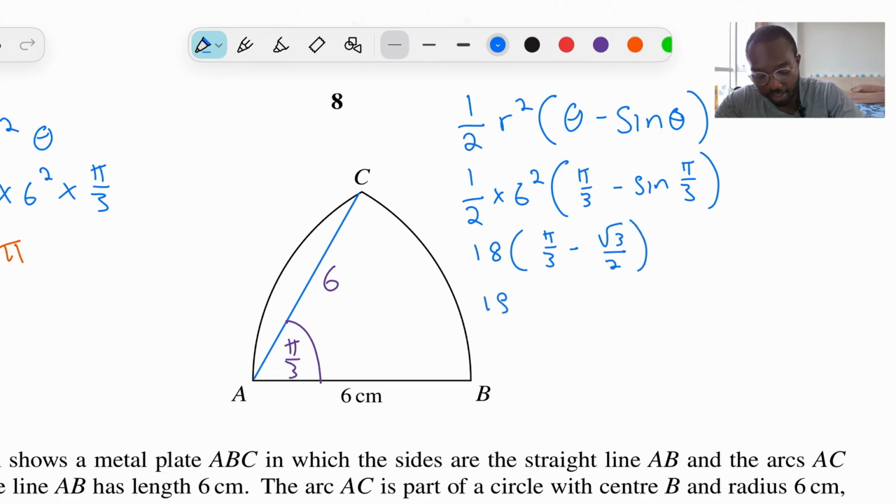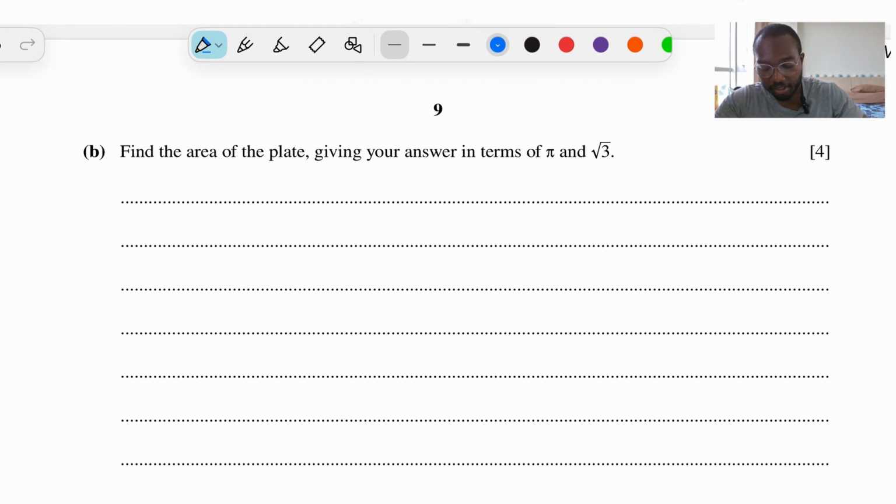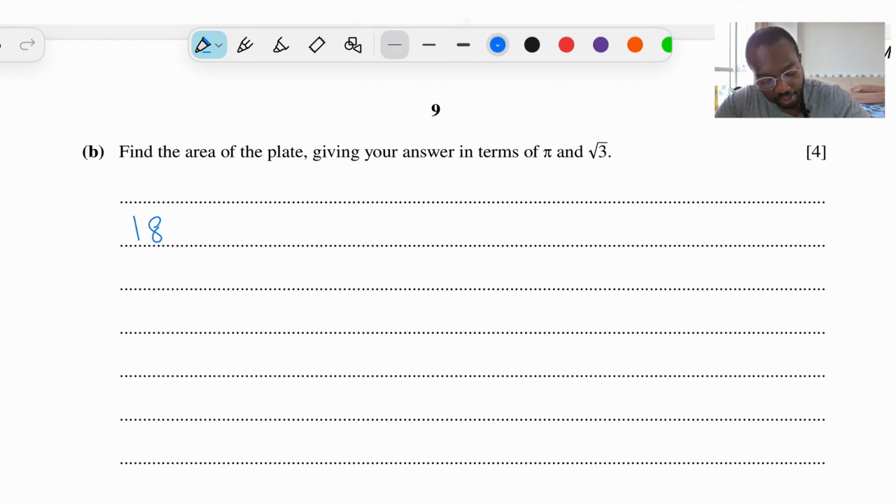So therefore, with 18, if we make this all over a single fraction, let's make it over 6, then we'd get 2π over 6 minus 3 root 3 over 6. And if I just do this on the other page now, that would be 18, and then in brackets we have 2π minus 3 root 3, all over 6.